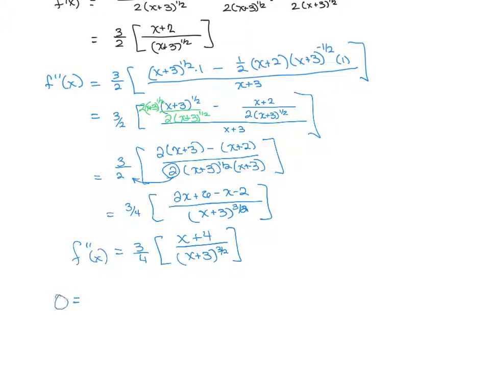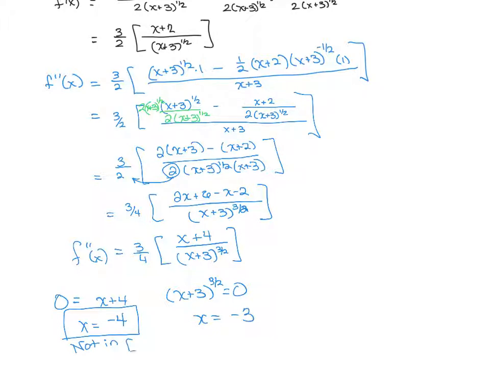Remember, to find my possible points of inflection, I'm going to set my numerator equal to 0 and my denominator equal to 0. Here I'm going to get -3, and here I'm going to get -4. Notice that when we get -4, this is not in the interval from -3 to infinity. It's not in our domain, so that's not going to work.